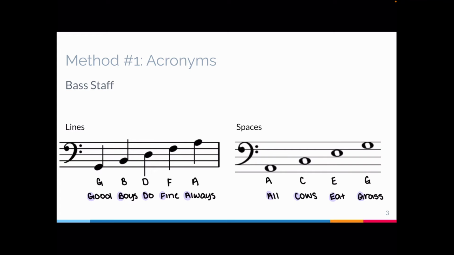To identify the notes on the spaces of the bass staff, you can use the sentence, "All cows eat grass."